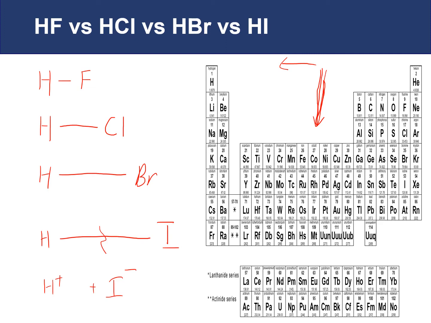And the reason that it's weak is because it is very long. So because the bond is long, it is weak and easy to break, making HI the strongest of the four acids. So in terms of strength, HI is the strongest, HBr is the second, HCl is the third, and HF is the fourth.